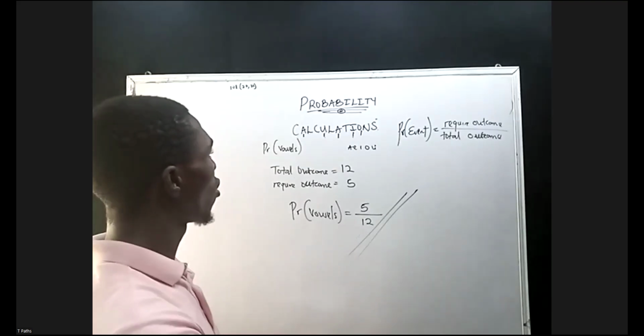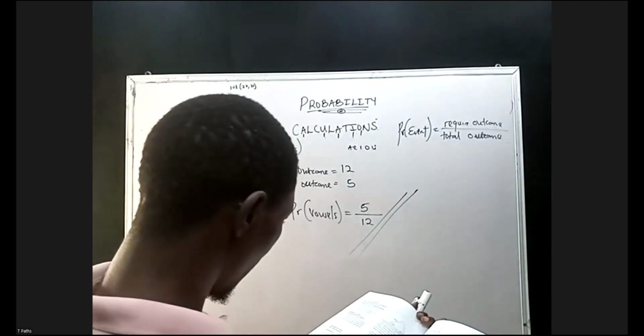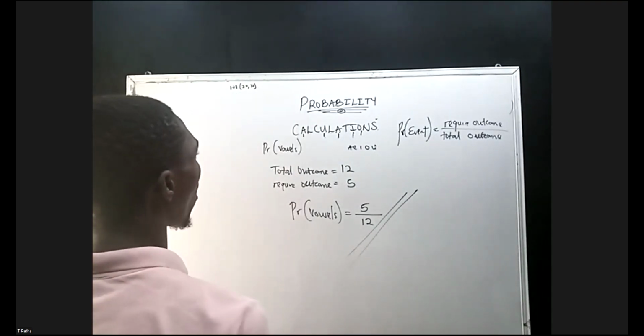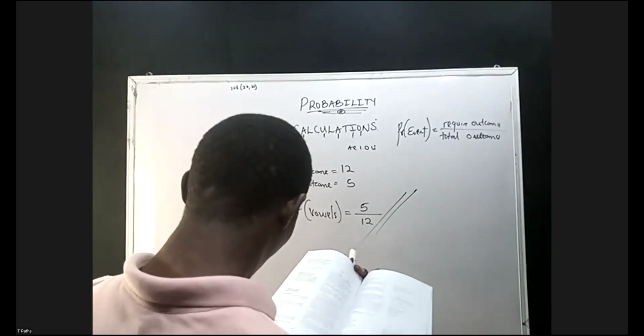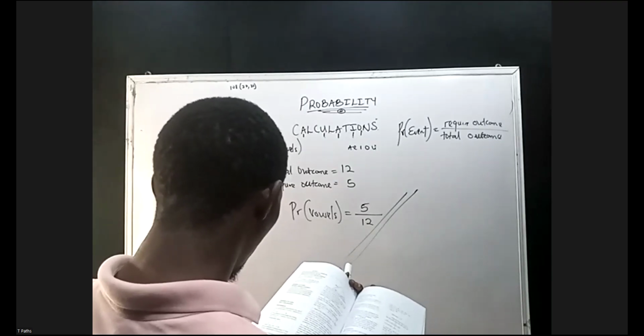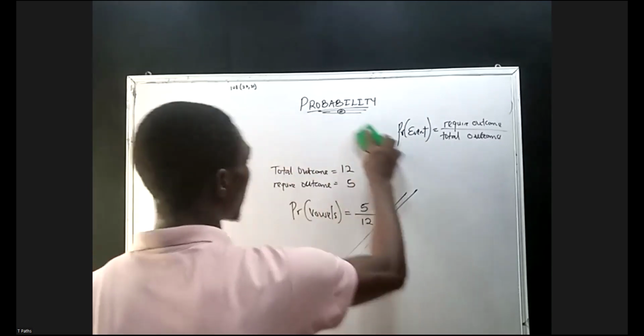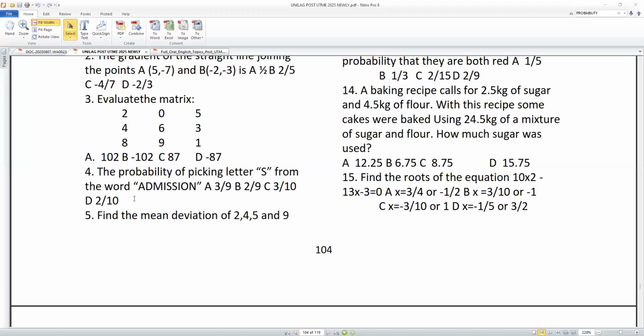Open to page 104. Page 104, question 4. Shall we? It says, the probability of picking letter S from the word admission.